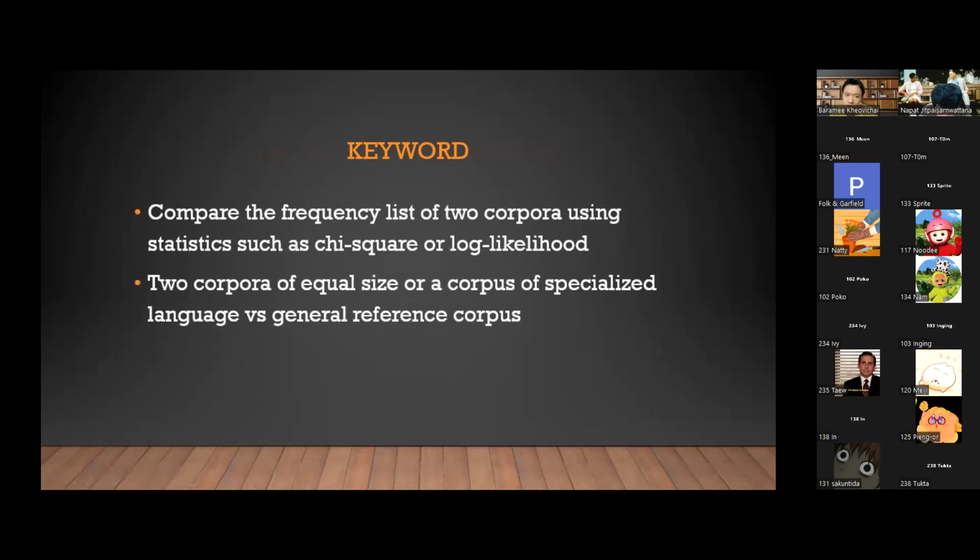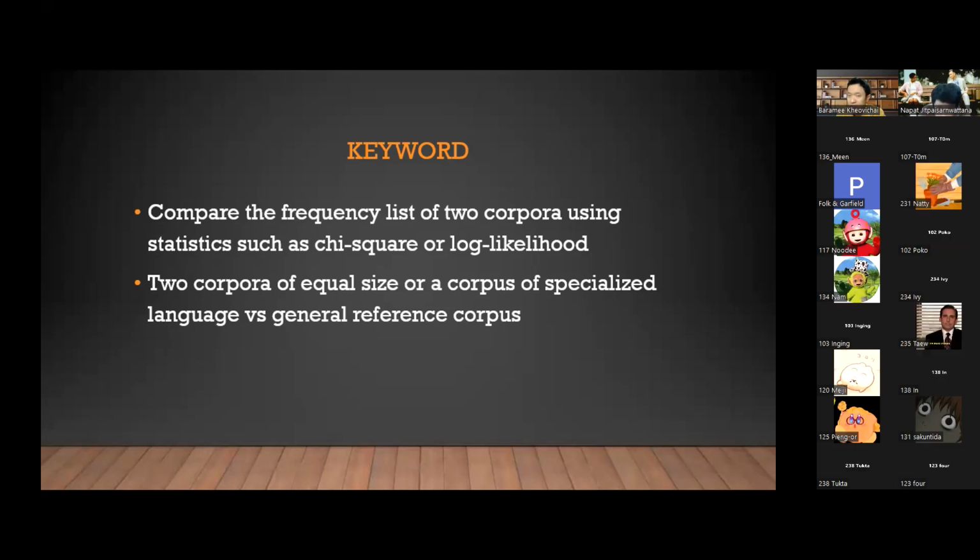We tend to use two corpora of equal size, or a corpus of special language versus a general corpus. For example, in my PhD, I compiled a corpus of job advertisements, and I compared it to the written section of the British National Corpus.